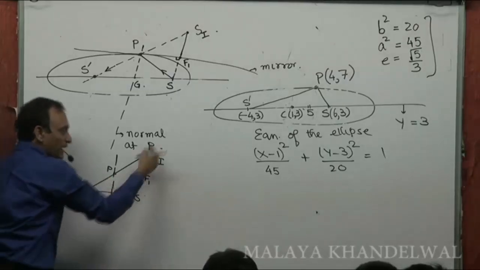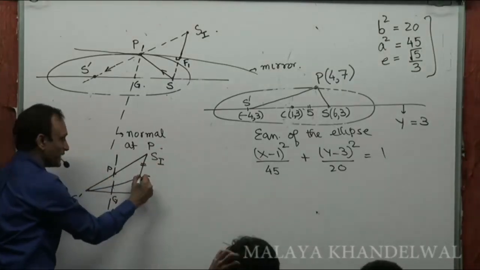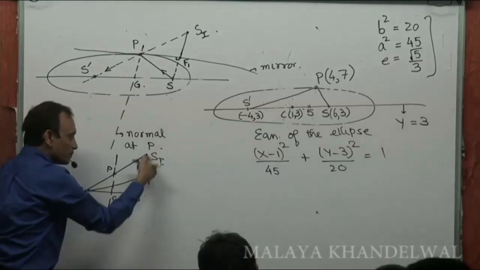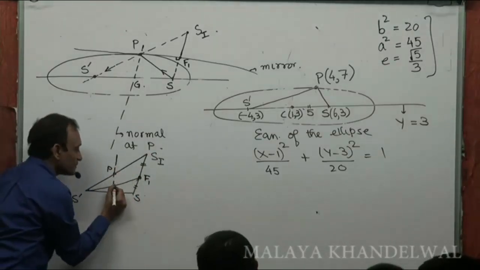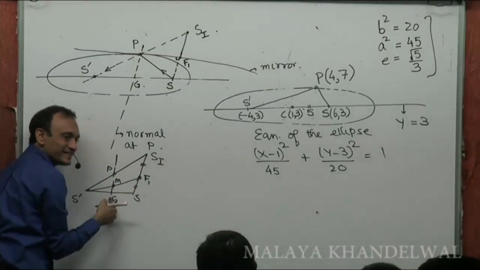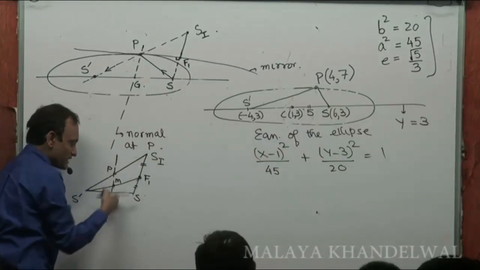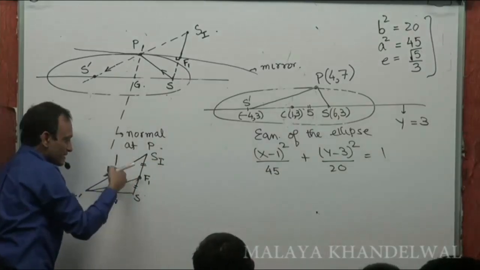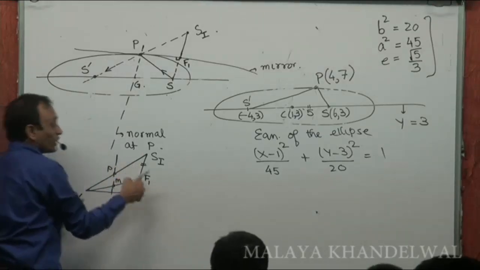And this is parallel to SSI, which means if I join S to F1, then if this bisects this, it will bisect all lines parallel to this. That means this point M must be the midpoint of PG, isn't it? So what is F1?